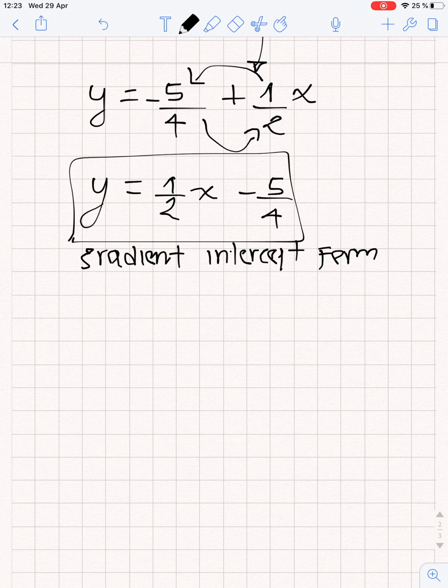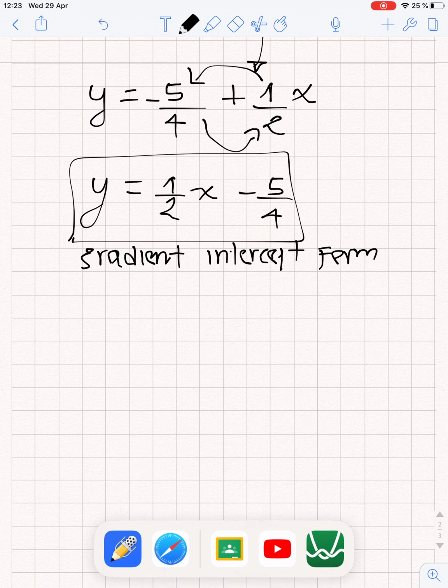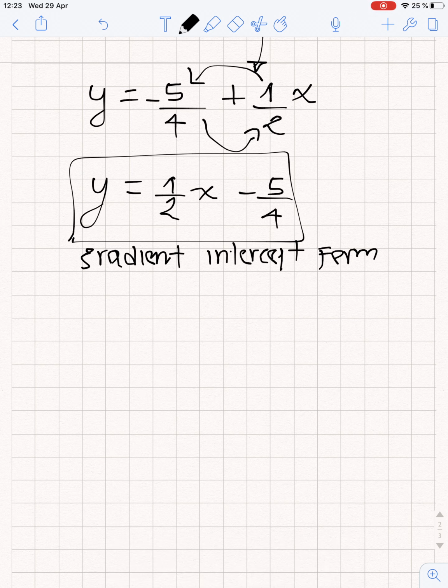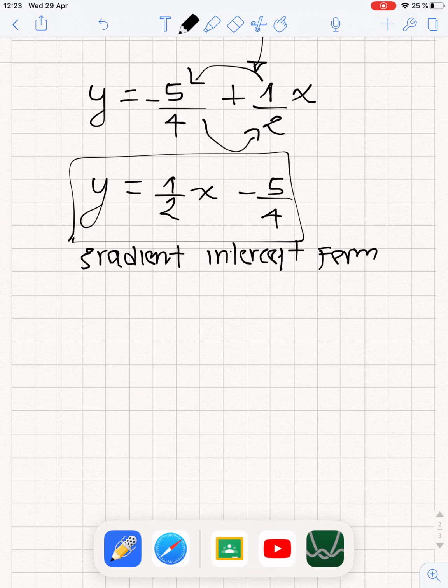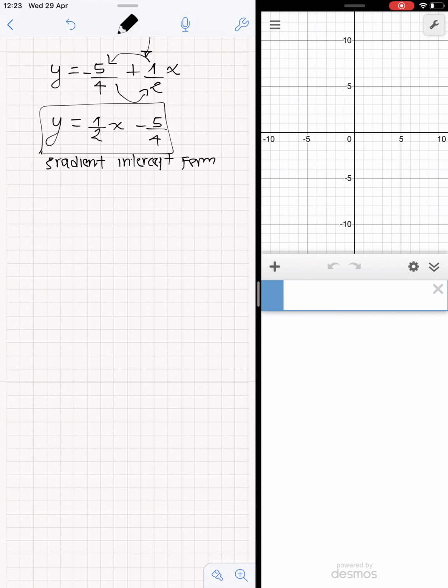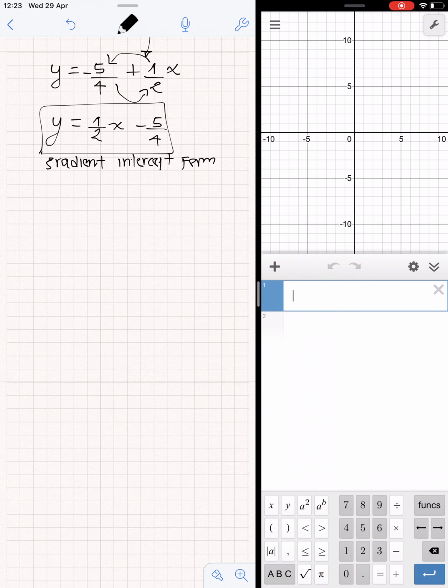By using Desmos, we are going to discover something. In Desmos, we are going to plot the linear equation we got before, that is 1/2 x minus 5/4. In this one, we are going to identify the points that we need to find.